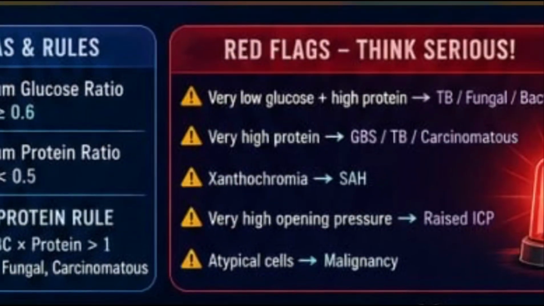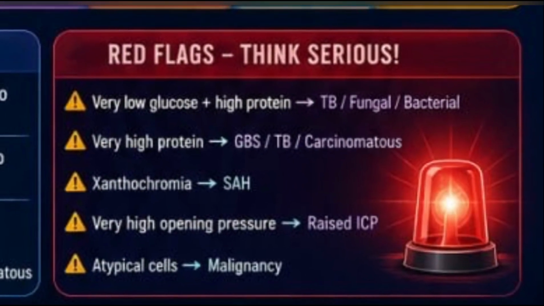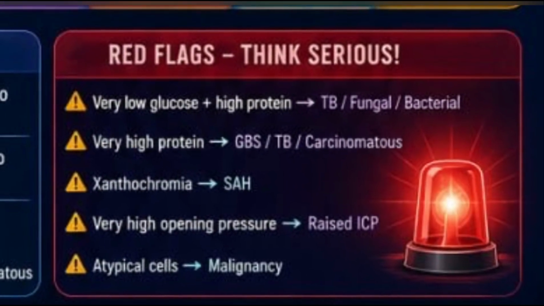So next we can see the red flags. In these red flags, we always have to think serious when interpreting CSF. If a patient has very low glucose and high protein, always remember, we have to suspect the patient has bacterial, fungal or tuberculosis meningitis. Okay, so this is the main important point.